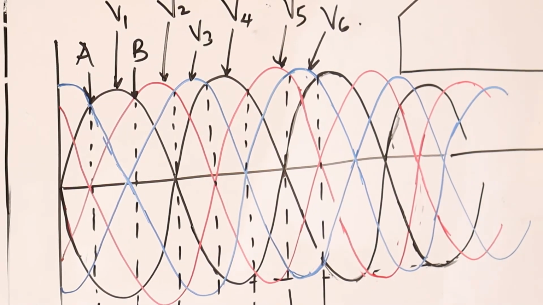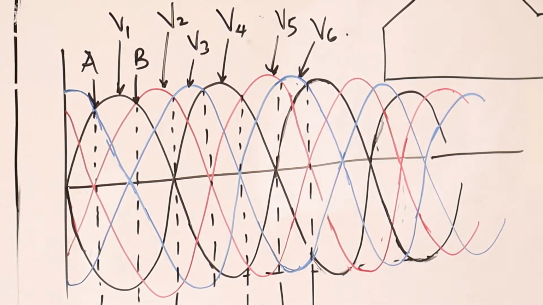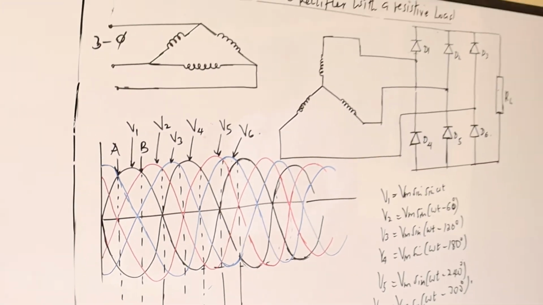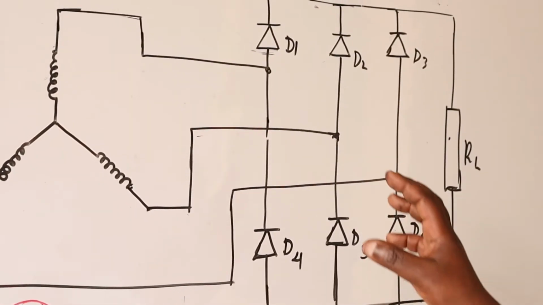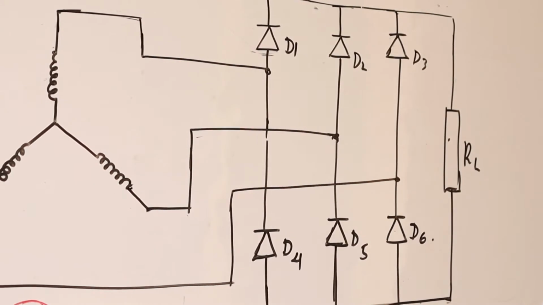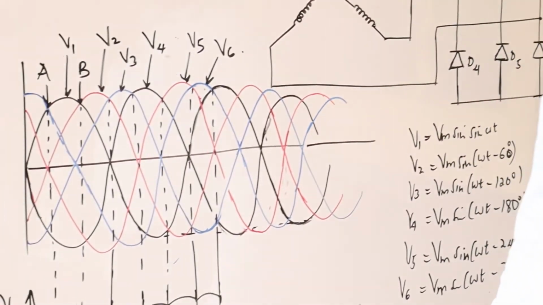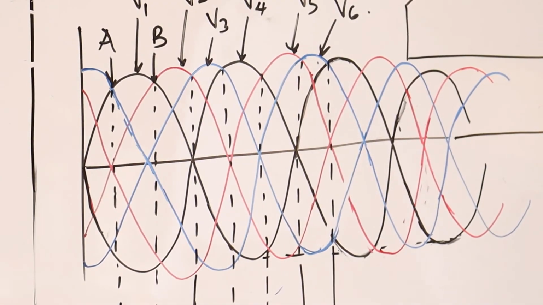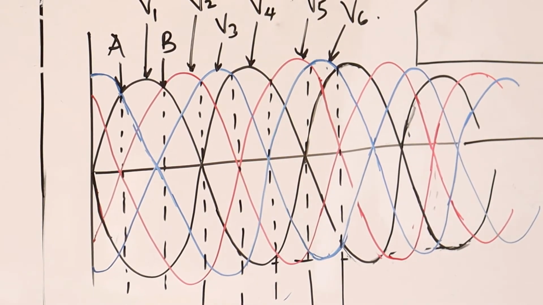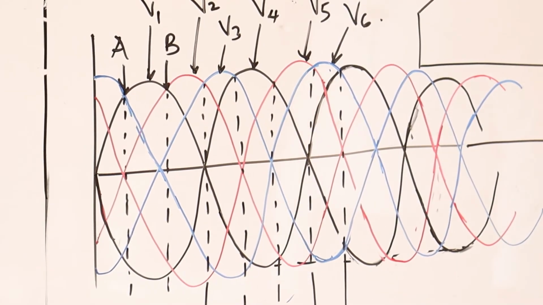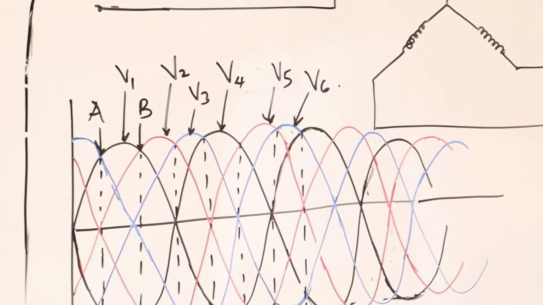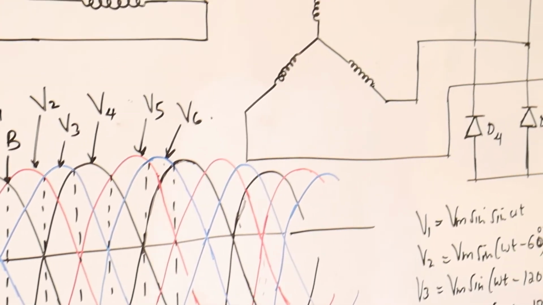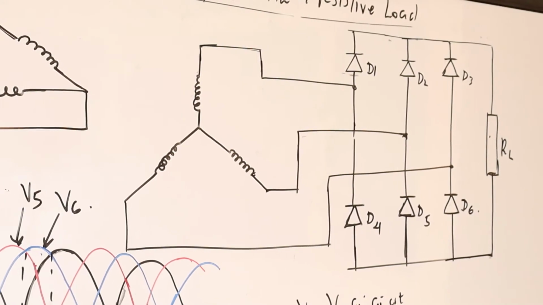So I've used different colors to show the diodes conducting at a particular time or for a particular phase. For V1 and V4, I've used black. V2 and V5, I've used red, while V3 and V6 I have used blue.